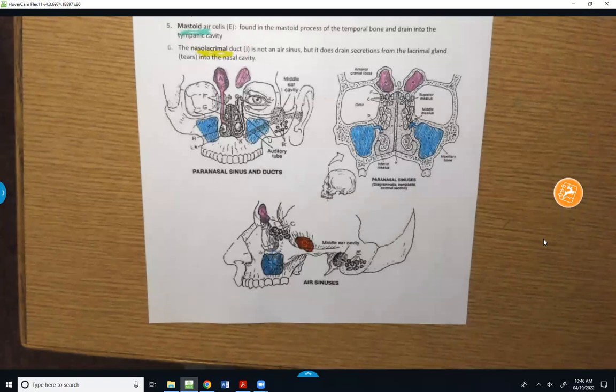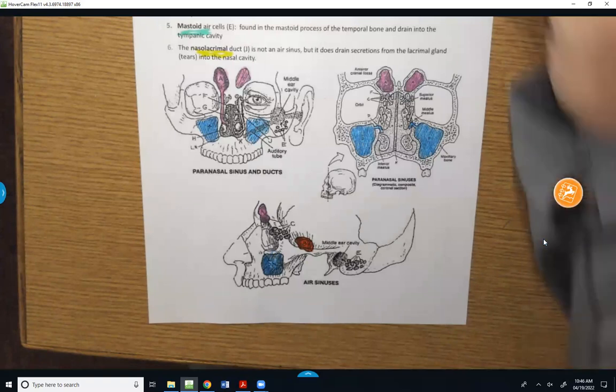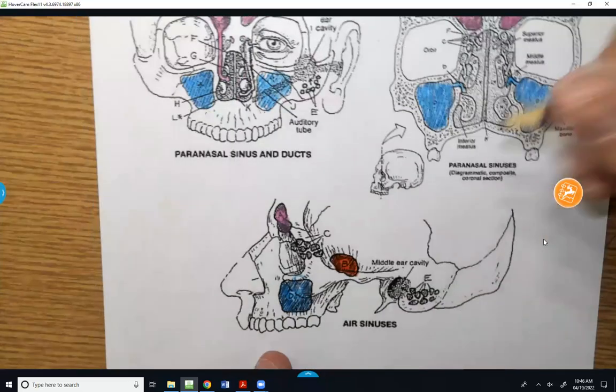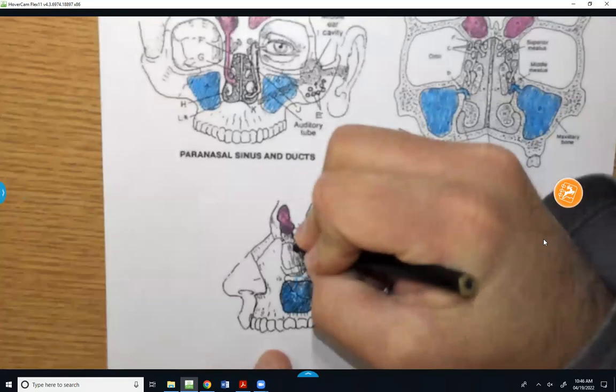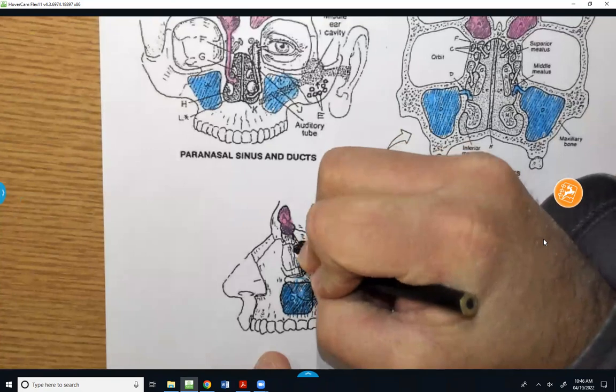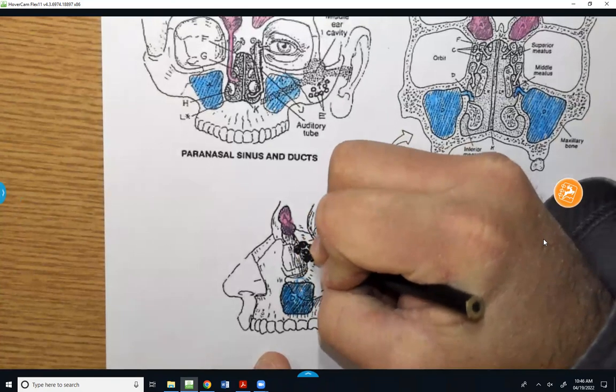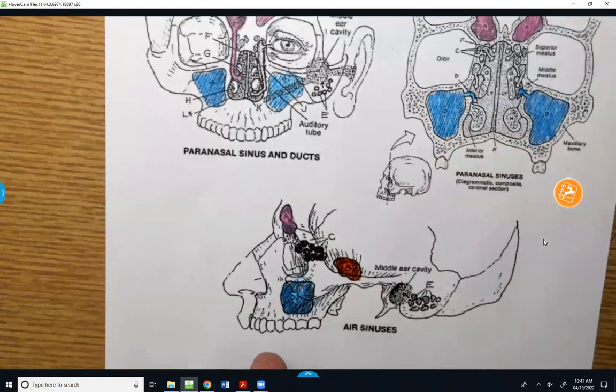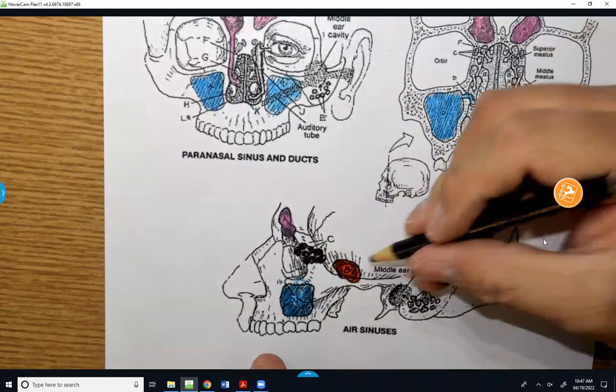All right, the next sinuses are called the ethmoidal sinuses or air cells. Not a singular cavity, but small pocket-like structures within the ethmoid bone. They all have their own individual connection to the nasal cavity. I'm going to color them black.